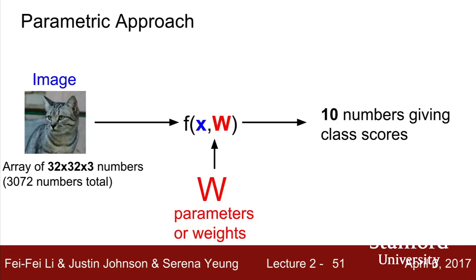Now we're going to write down some function which takes in both the data x and the parameters W, and this will spit out 10 numbers describing the scores corresponding to each of those 10 categories in CIFAR 10, with the interpretation that a larger score for cat indicates a larger probability of that input x being cat.